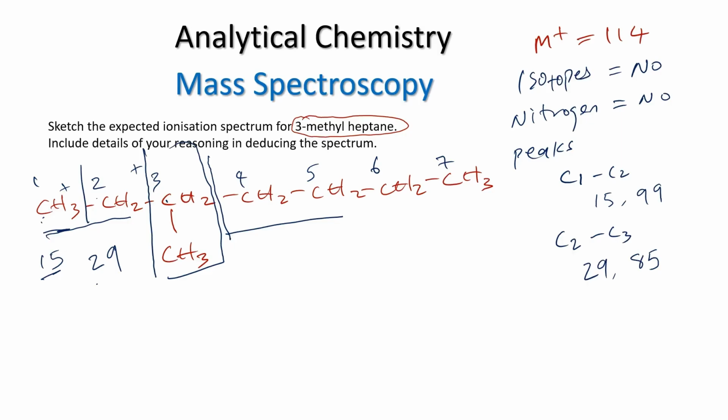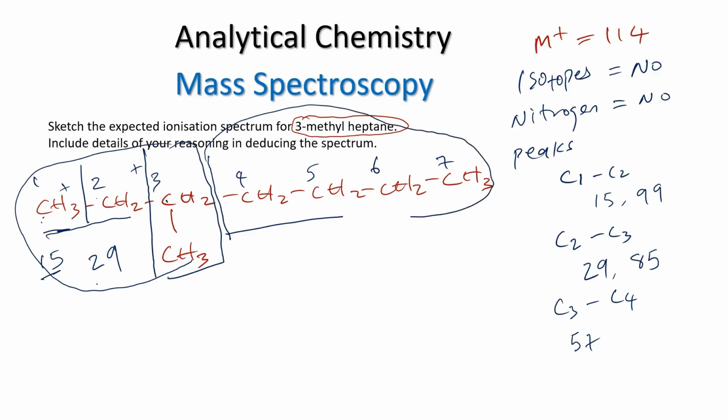Because we have that most stable fragment, any fragment from this side will become the base peak. If you find the value of this fragment here, it's going to give us 57. So if you break the bond between C3 and C4, we are going to have 57 from this side, and also 57 from this side as well.